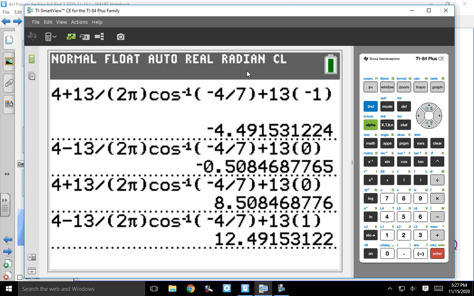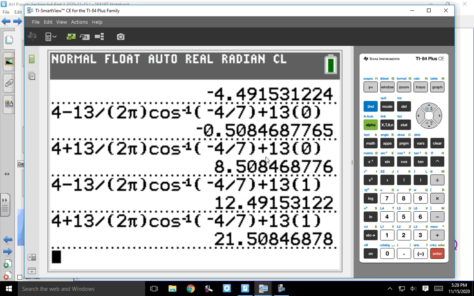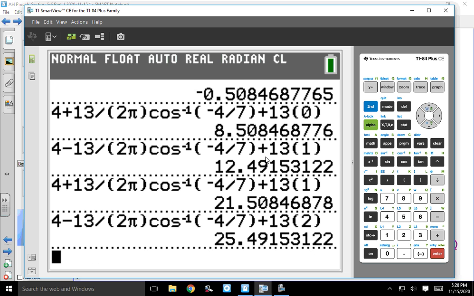Let me just make a copy of this here, though. Let me grab the last 2. So that's the positive cosine inverse solution, but now n is 1. That was at 21.5, and the other one should be close to 25.5, and that's the negative cosine inverse. Well, I guess we can do that. And n is equal to 2. That one. And there we go.